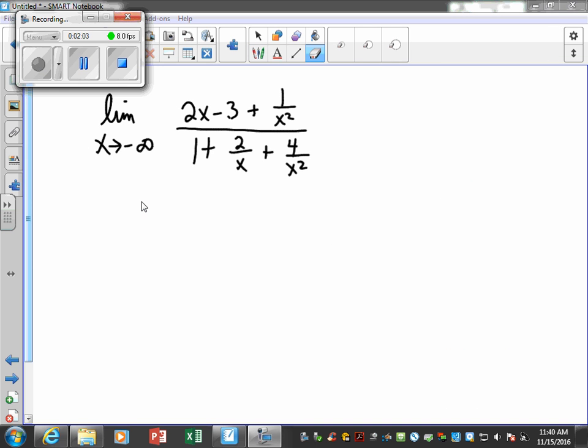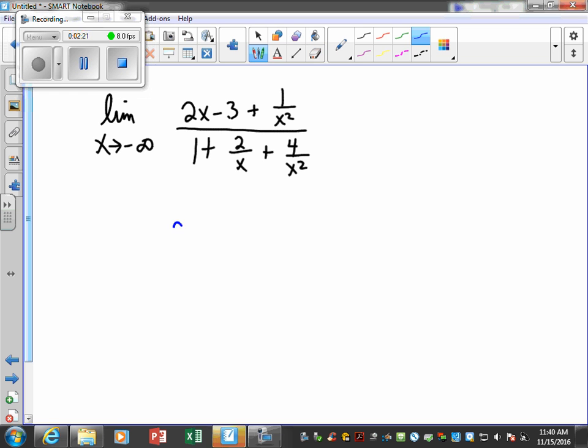Okay, we'll just look at one more so you see an example of all the different solutions you can get: positive infinity, negative infinity, or an exact value. But this is after it's been divided through by the power. This time we want to evaluate it at negative infinity. First of all, when we substitute those in, you're just going to have 2 times negative infinity minus 3 plus 1 over negative infinity.